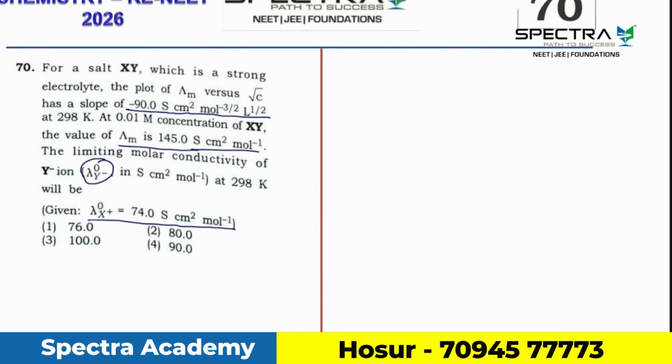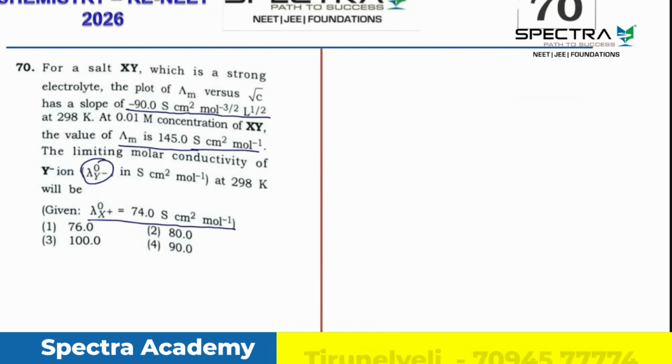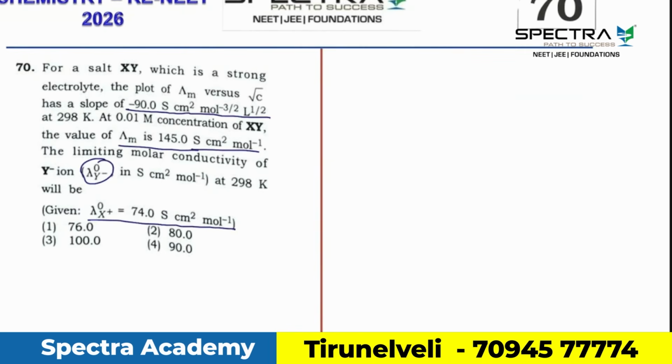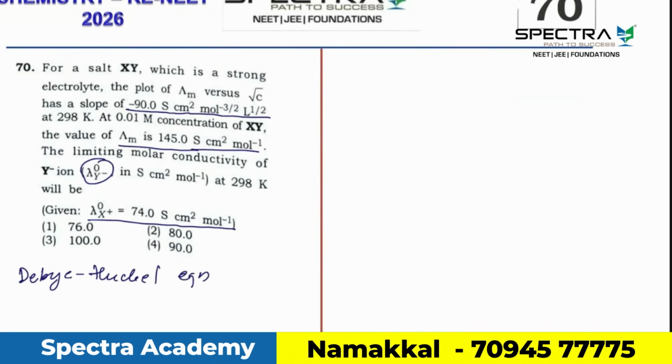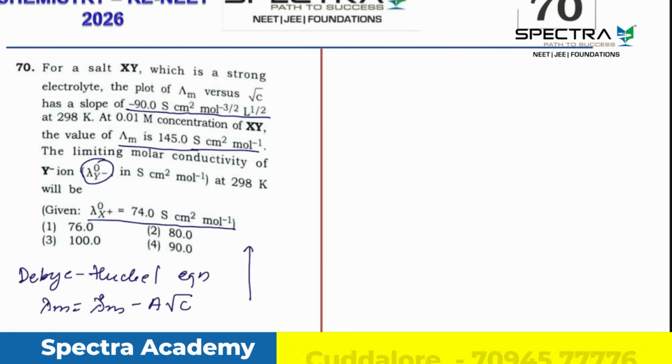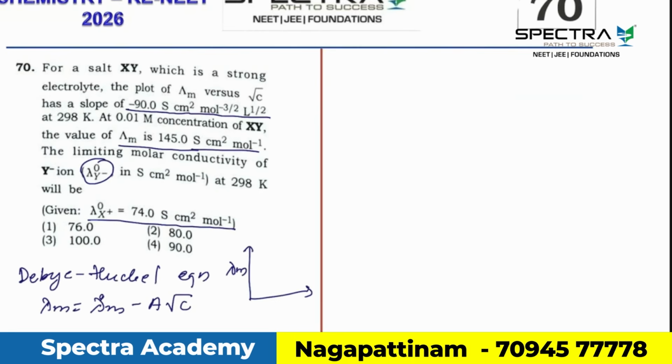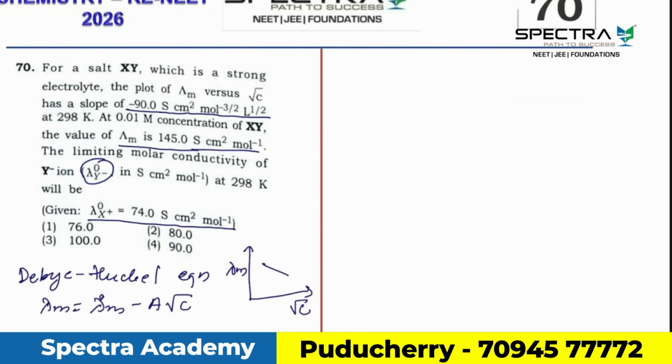From this question, it is clear that they are describing the Debye-Huckel relation. According to the Debye-Huckel relation, lambda m is equal to lambda naught m minus a root c, which describes the graph of molar conductivity versus root of concentration of a strong electrolyte.